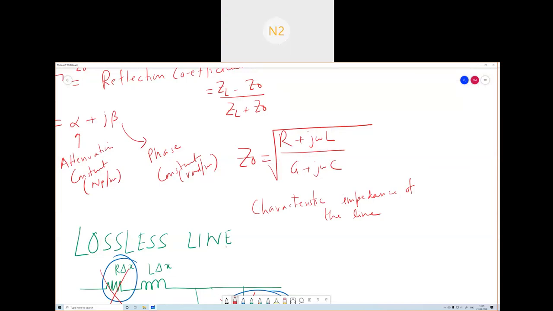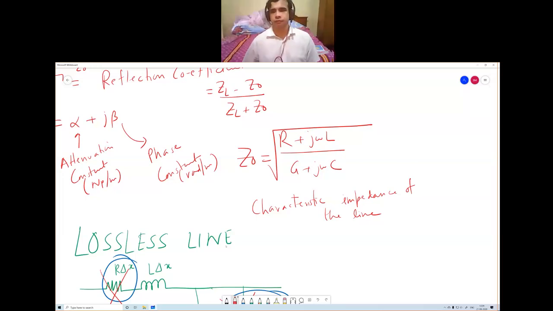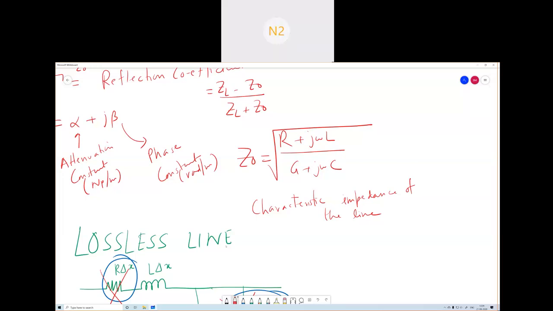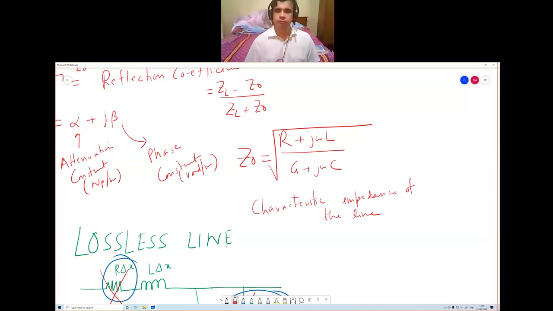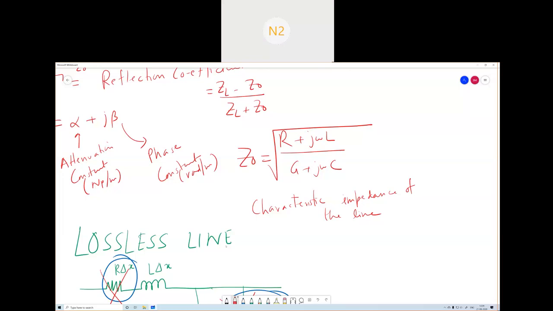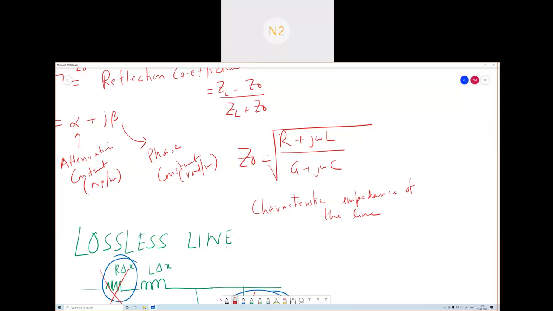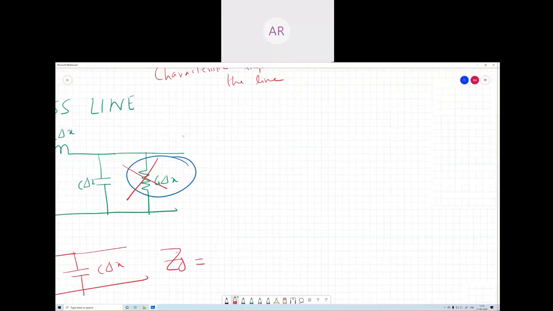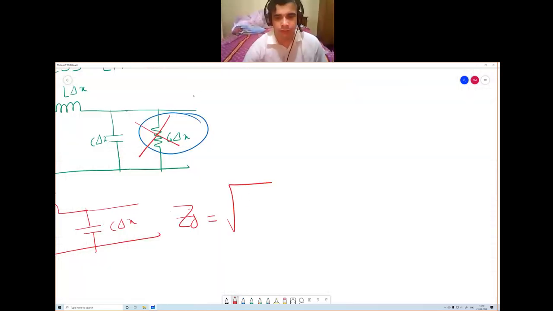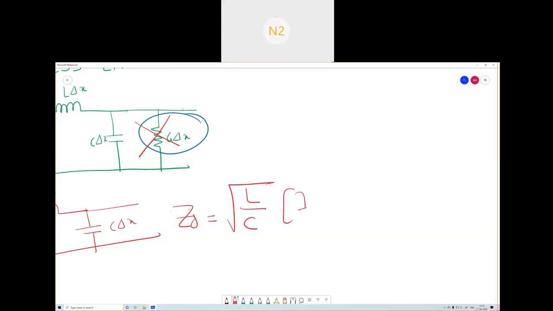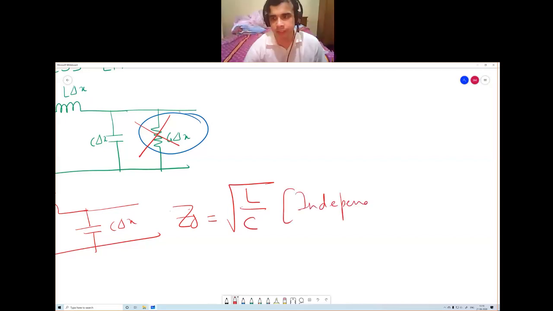R and G are 0, so it will be root over j omega L by j omega C. Note that j omega also gets cancelled. So, root over L by C. Yes, root over L by C. This is independent of frequency, as there is no omega or f term.